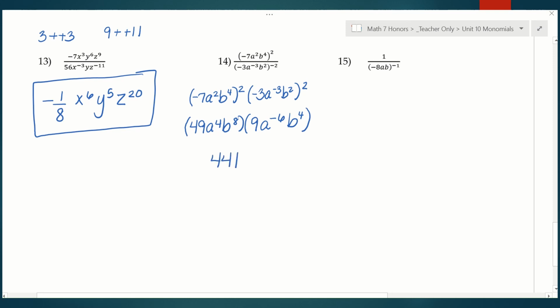And then a to the 4th times a to the -6 is a to the -2. And b to the 8th times b to the 4th is b to the 12th. And then my last step is just to rewrite it. 441 b to the 12th stays in the numerator, and then a squared goes to the denominator.